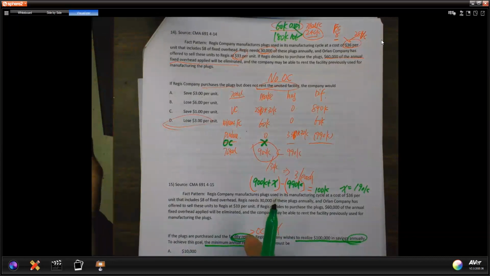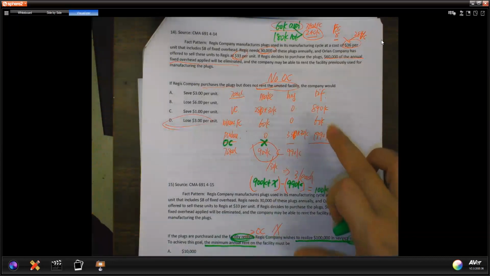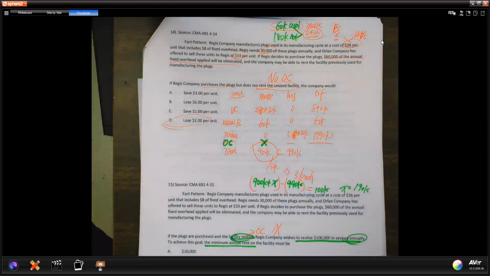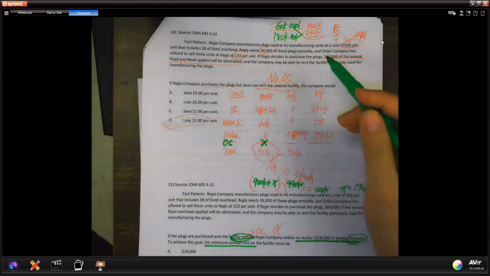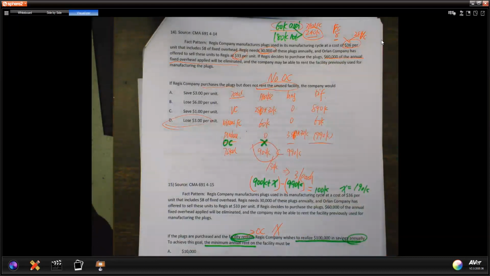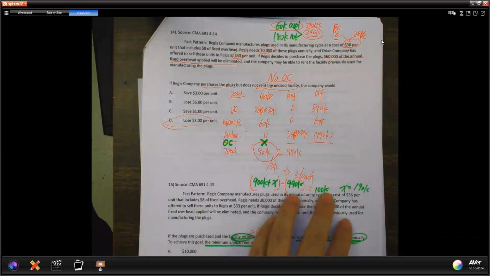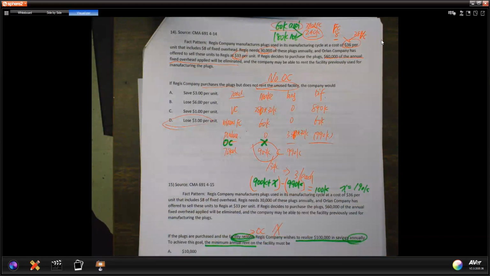So this is a good question. I like it. You can see the link between question 14 and question 15. In question 14, there is no alternative use; you just do make or buy. In question 15, there is an alternative use, but the question doesn't tell us the rent. I don't know the opportunity cost, but I know you will save $100,000 if you choose buy and rent out.